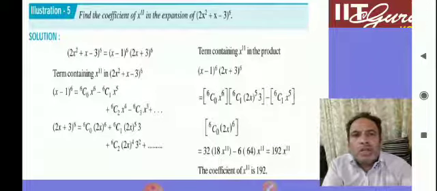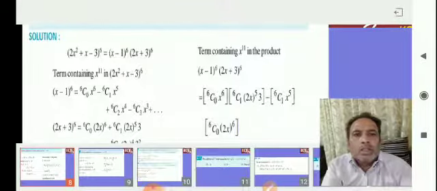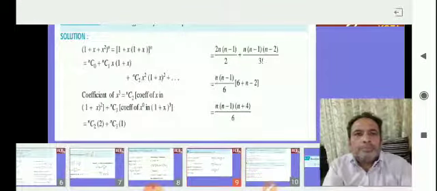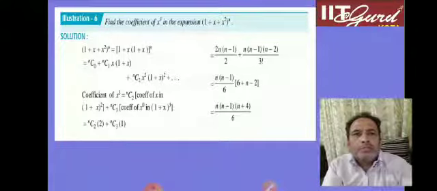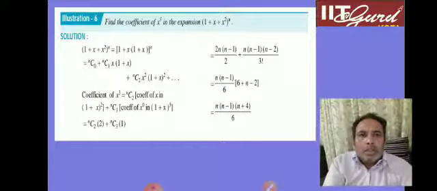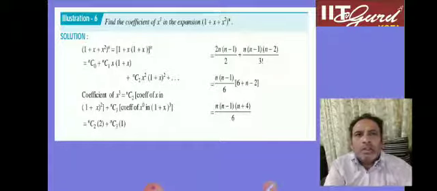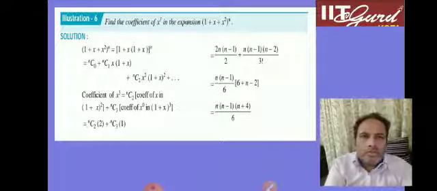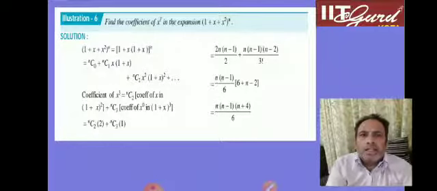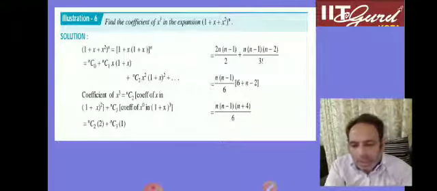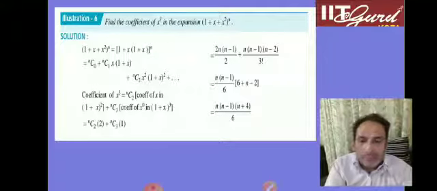So let's go for another problem. Same idea, same type of illustration, a repeated concept over here. You have to find the coefficient of x to the power 3 in the expansion of 1 plus x square to the whole power n.